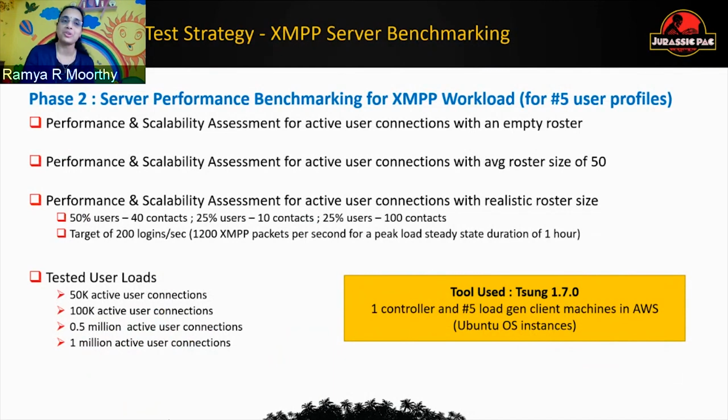That's why we wanted a phase one, where a team focuses on APIs, by the time the phase two team quickly grooms themselves on learning TSung and managing the XMPP workload, and then comes up with a strategy to do a very detailed, exhaustive assessment for the Openfire XMPP server.